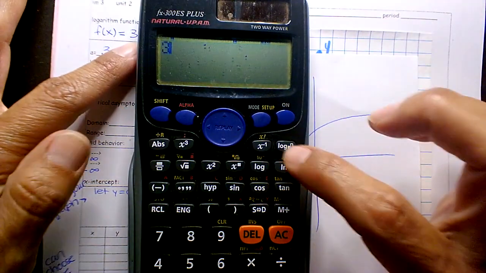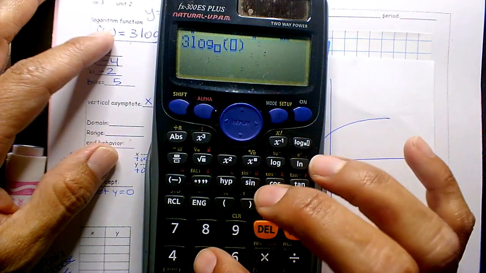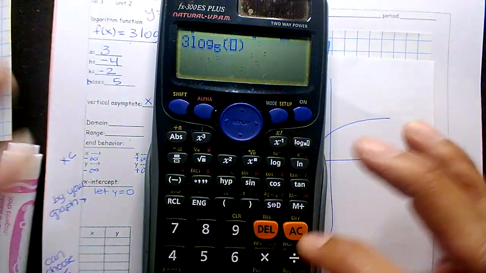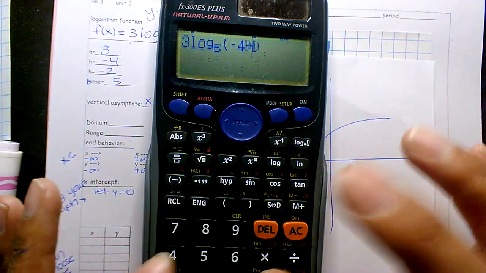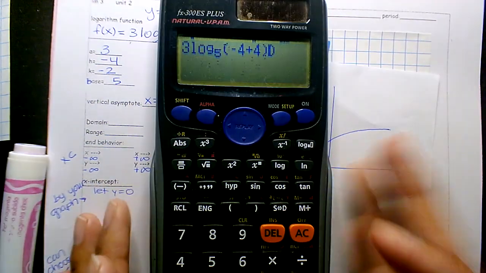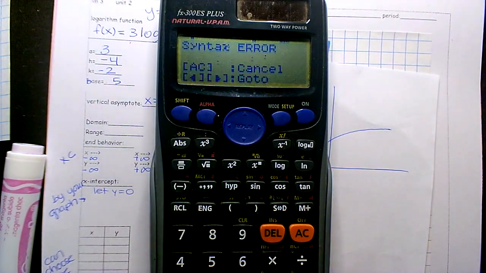Let's plug in -4. There's my rejection, because that is my asymptote.